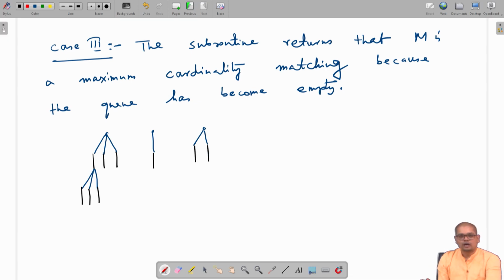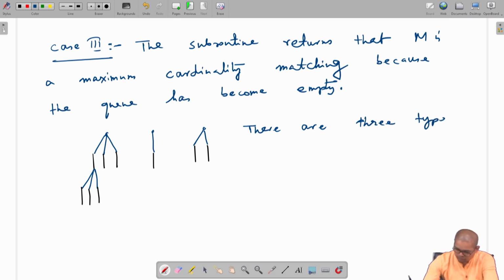So, this is how a modified breadth first search tree may look like. Now, what are the edges of the graph? There are three types of edges in the graph.